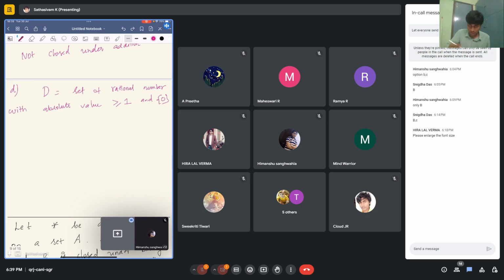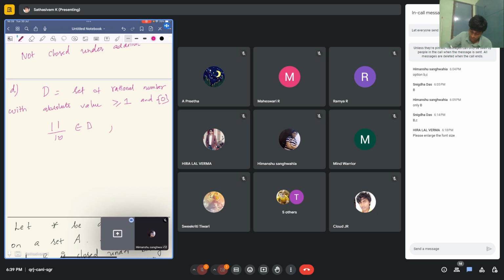Okay, so as he said, it is not a group. Let's see why. For example, you take two numbers and see whether it is closed under the operation. So let's take this one, 11 by 10. This belongs to D because its absolute value is greater than 1.